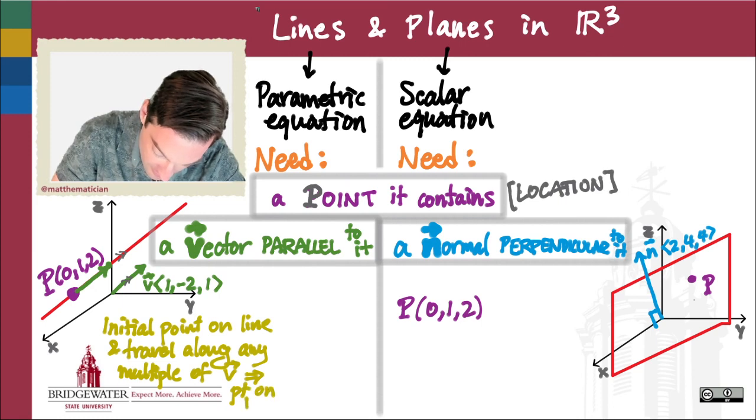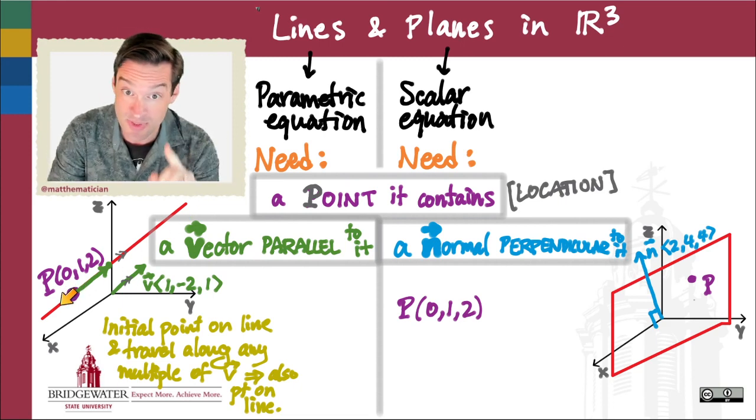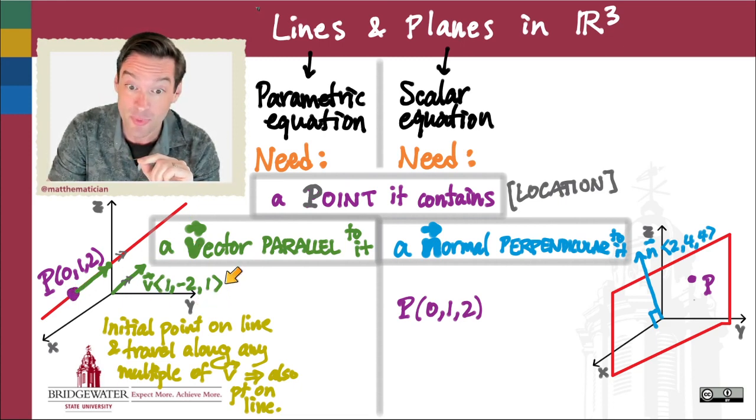Point on the line, also a point on the line. So all the different points that exist on this line can be obtained by adding some multiple of my direction vector to this point that I know is on the line.